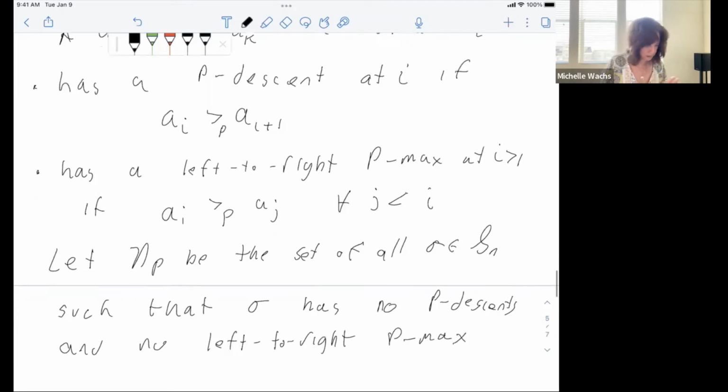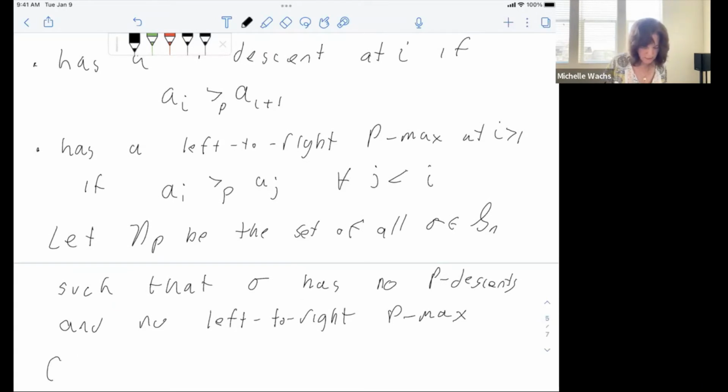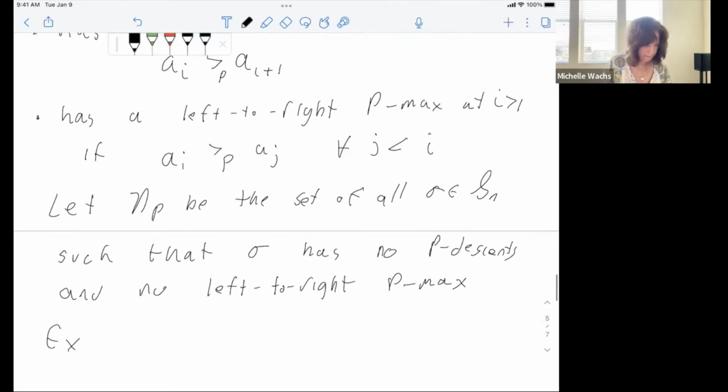Okay, so let's do an example. P could be any poset, but I'll do this particular poset.